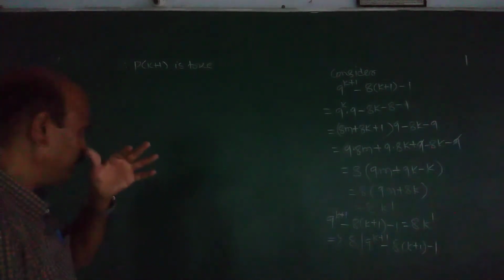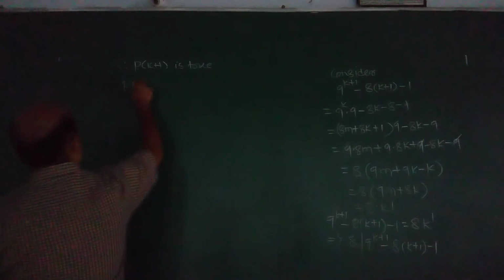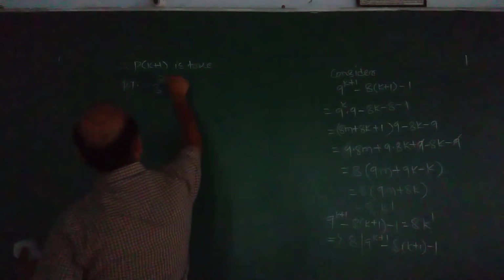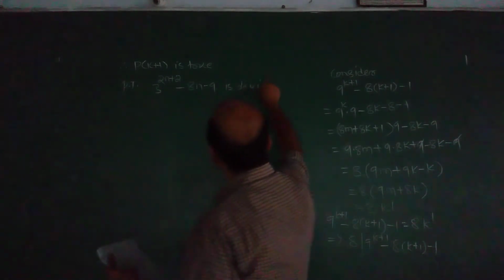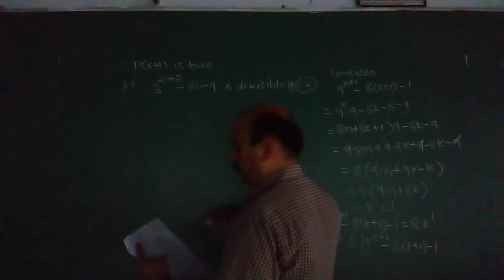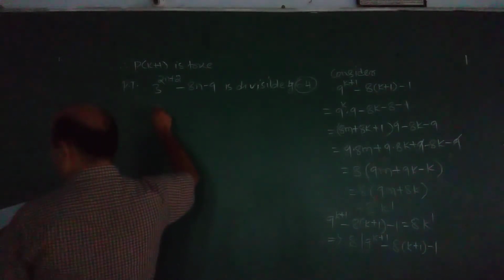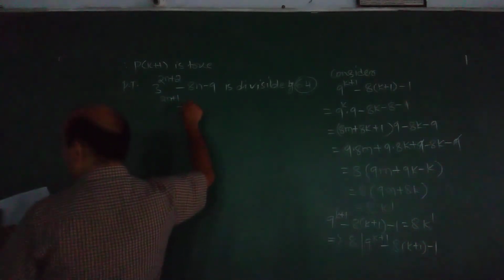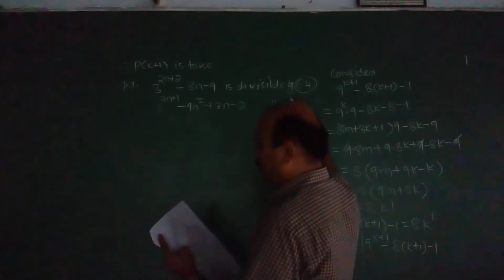Next problem is, prove that 3 raised to 2n plus 2 minus 8n minus 9 is divisible by 64, and 2 raised to 2n plus 1 minus 9 into n square plus 3n minus 2 is divisible by 54.